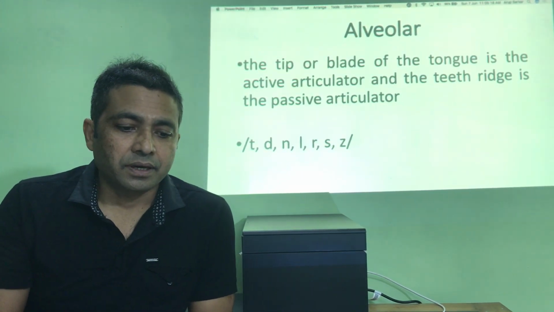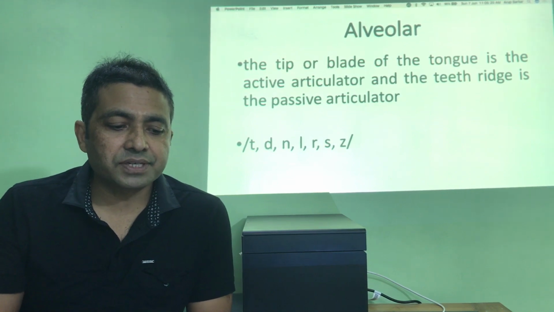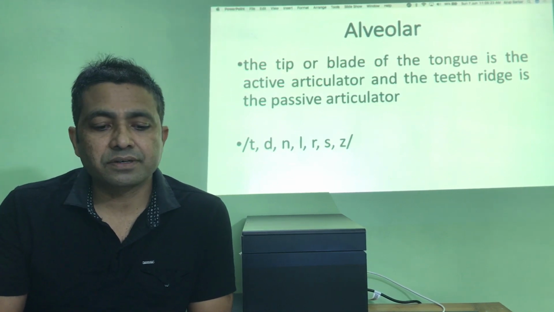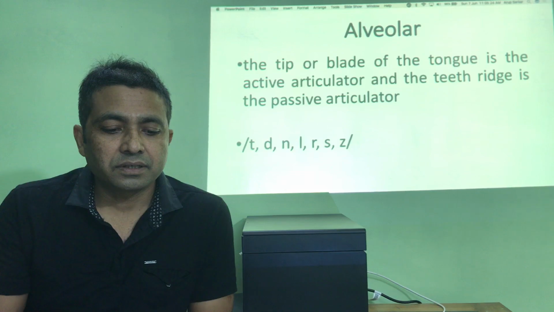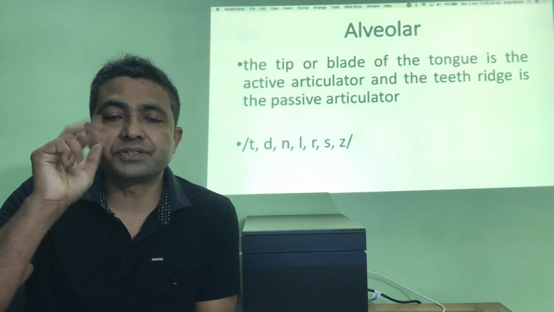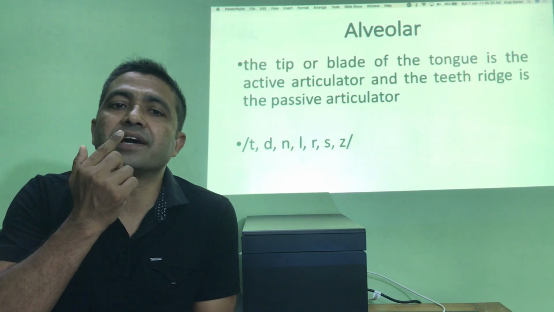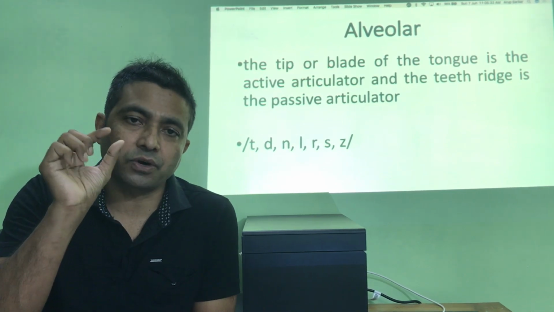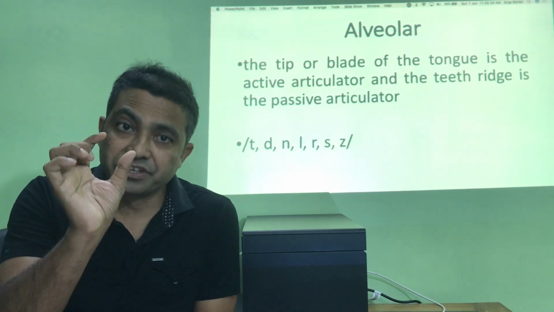Alveolar. During the production of the alveolar sounds, the tip and blade of the tongue go against the teeth ridge, just behind the upper teeth. That part is called the teeth ridge or alveolar ridge.